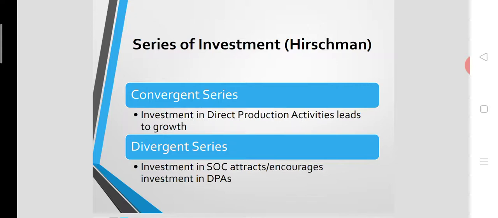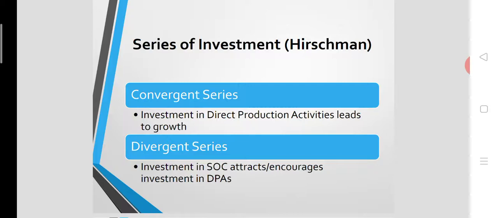So these investments lead to economic growth. That is a way of growth. That is convergent series. But the unbalanced growth theory suggests the government to make investment in SOC. So it will create divergent series of investment.